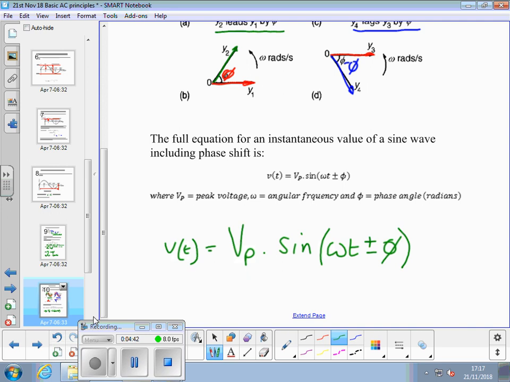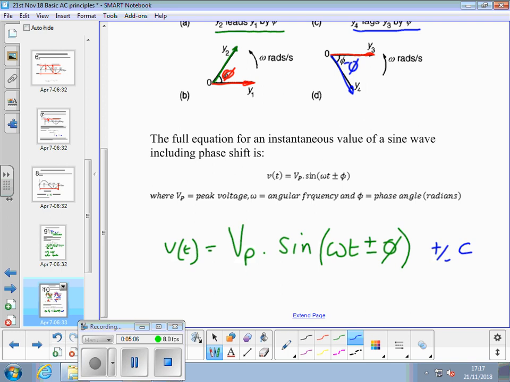The other thing that you can come across is a plus or minus a value on the end here. Let's call it C. What that does is move it up and down the y-axis, and in electrical terms, that would be what we call a DC component, a DC shift, up or down.